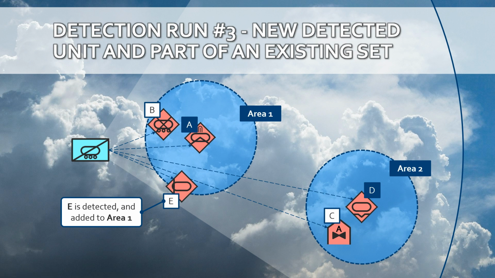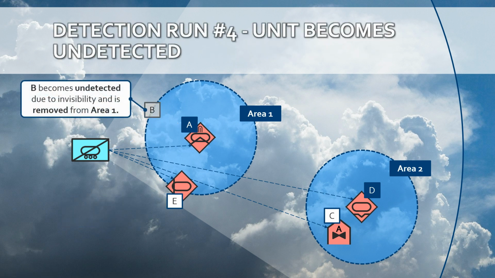Let's go to the next run, run 4. In run 4, it could be that B got destroyed or became undetected. So what happens is the reconnaissance will report that A is still the center, but B would be removed from detection area 1.